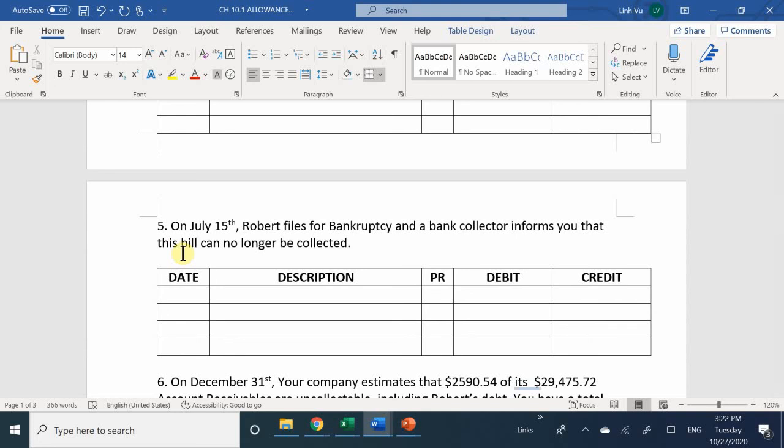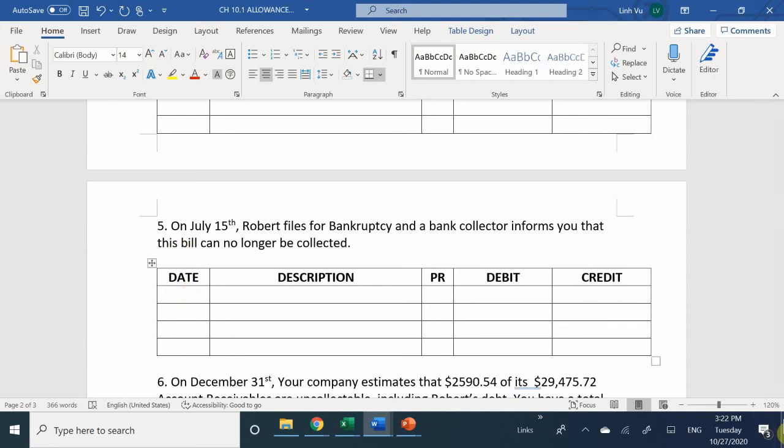We don't know how much debt he has with other people, so you're more likely not going to be able to collect this at all. Usually with bankruptcy you're good for a whole year, and you may chase him down for a year if you want, but you don't have to.